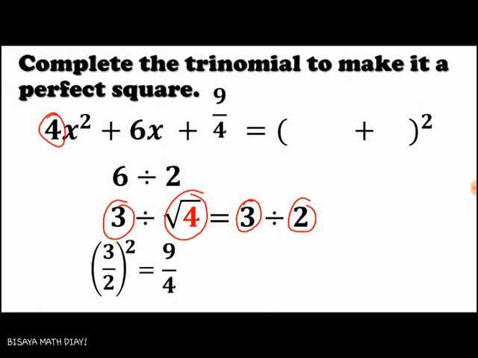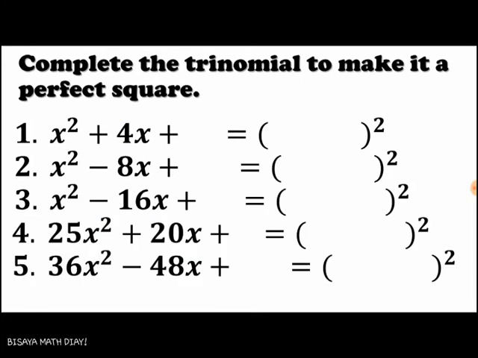So, 9 over 4 is the third term. So, let's complete the reduced binomial form. Take the square root of 4x squared. That's 2x. Take the square root of 9 over 4, the square root of the numerator and the denominator. That will give you 3 over 2, squared.